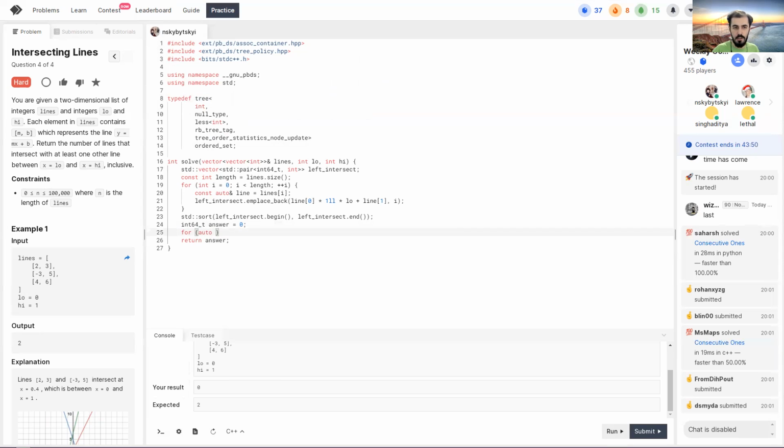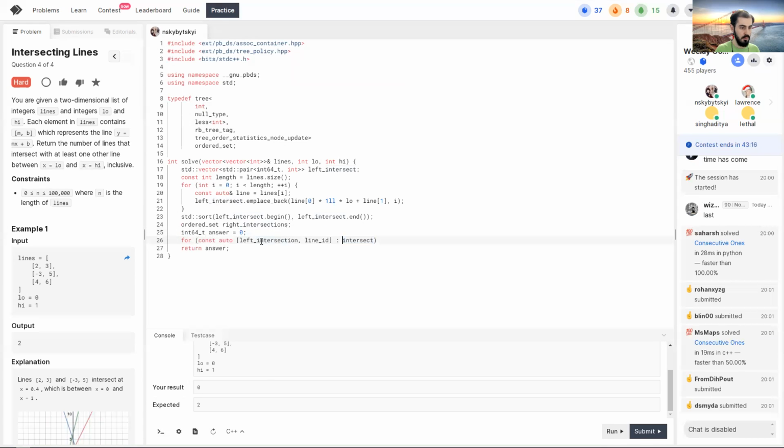So we have order_of_key, which is very great because it means that we just have a method that will return the order of a key. So let's do it. We want an ordered set of integers. Well, it's already of integers. Right intersections for the outer left intersection. Actually, these are pairs, right? First is the left intersection, second is the line ID.